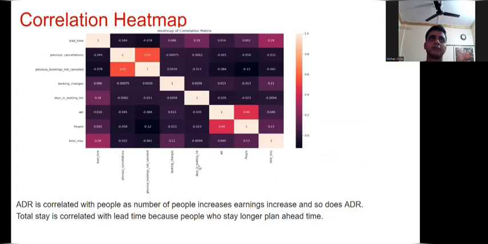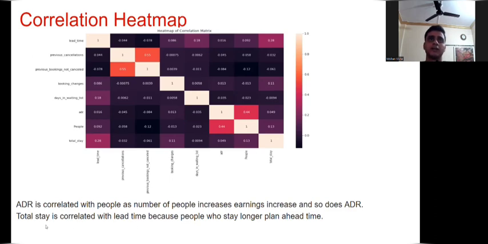So, correlation matrix. With the help of correlations of some important features, we get that total stay and lead time are correlated, and also people and ADR are correlated.